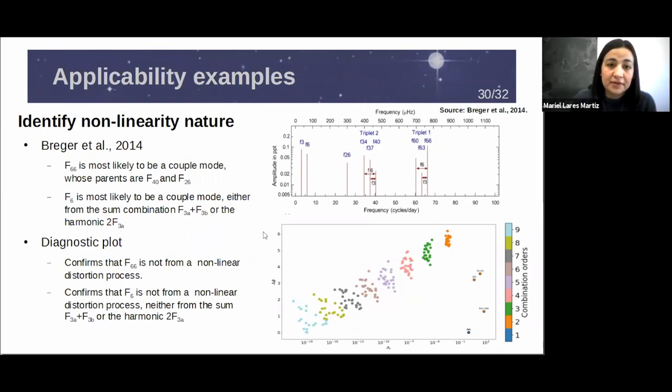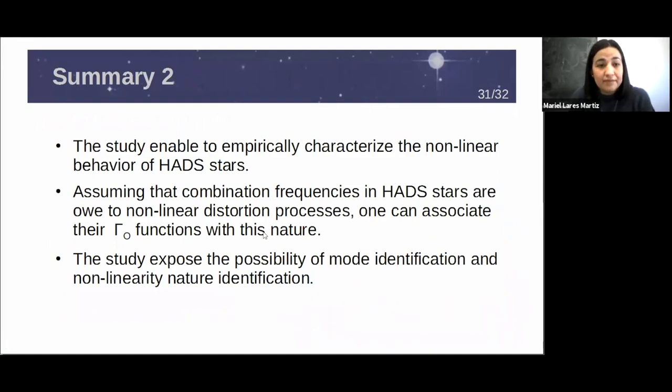So to summarize this second part, we can say that the study enabled us to empirically characterize the nonlinear behavior of high amplitude Delta Scuti stars, which was the question of this PhD. We do this by assuming that the combination frequencies in high amplitudes are due to nonlinear distortion processes.